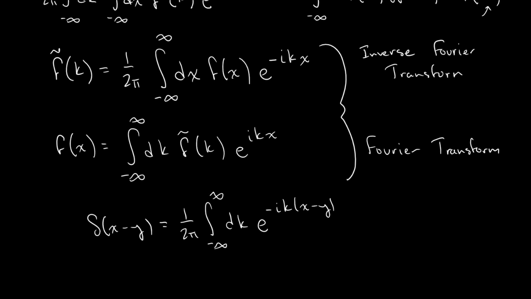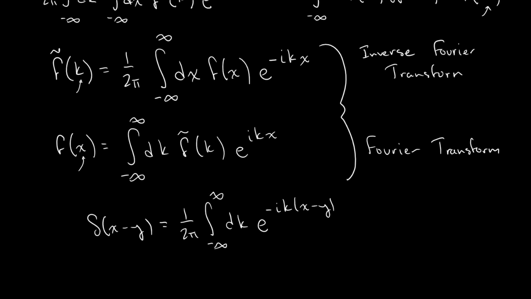What we'll see is that x describes obviously a position, or a lot of the time we can use time. And k, if x describes position, typically describes some sort of momentum-type thing. If x is a time, then k describes a frequency.